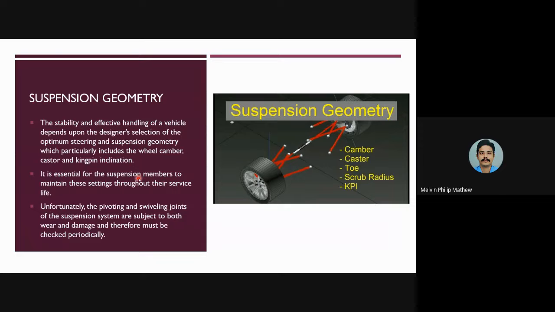So what is basically a suspension? I have already told you we have so many mechanical components as well as the chassis, and on the chassis we are mounting various components.